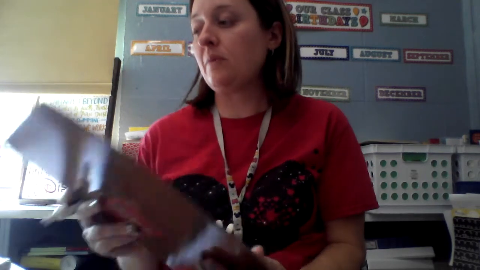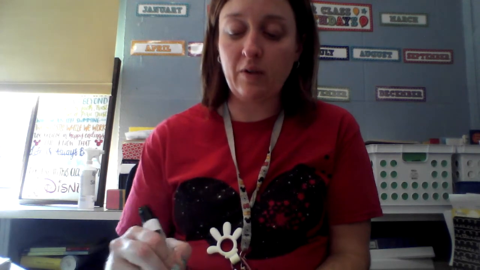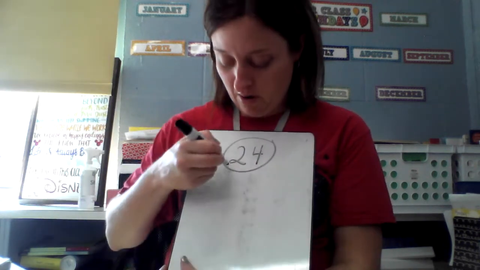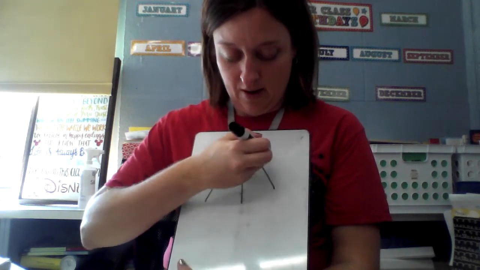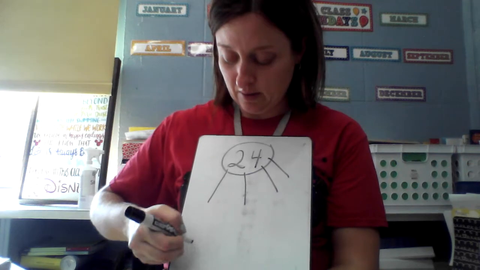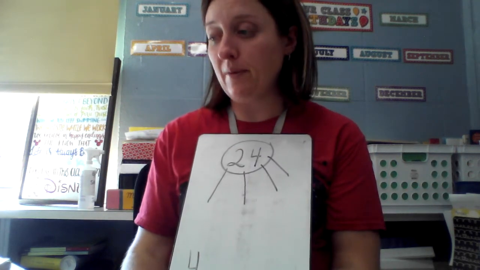Now, I could also take the same multiplication sentence and draw a number bond with them. You might remember number bonds from 2nd grade. So if I'm going to do that, we know that in both my arrays and my groups, 4 times 6 equaled 24 if I were to count each x. So I could take my 24, and remember, I made 4 equal groups or 4 equal rows. So I'm going to have 4 spots coming off of my number bond.